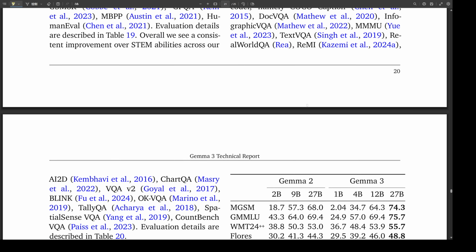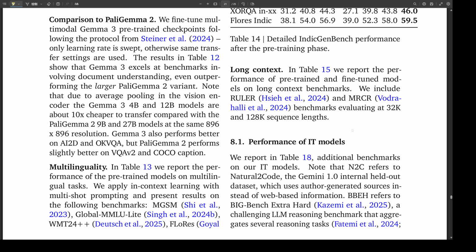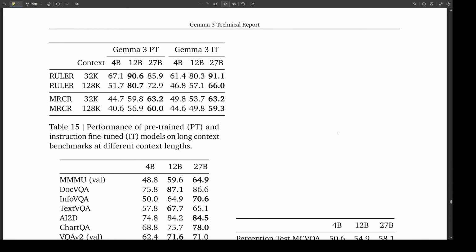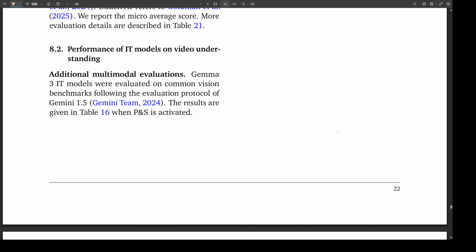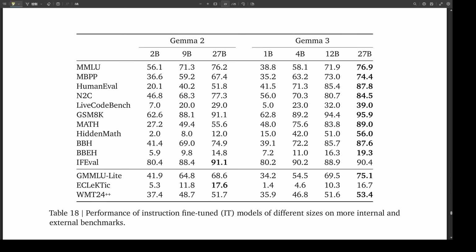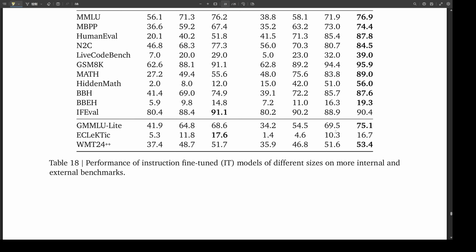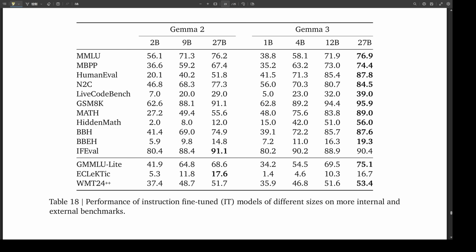Okay, so that gets us through the initial pre-training. Now, the report talks about this novel post-training recipe. What are the key academic innovations in that phase? Right. So post-training is where they fine-tune those pre-trained models for specific tasks. And they really start integrating the new multimodal and long context capabilities. They focused on things like improving the model's abilities in math, reasoning, chat, instruction following, and multilingual understanding.